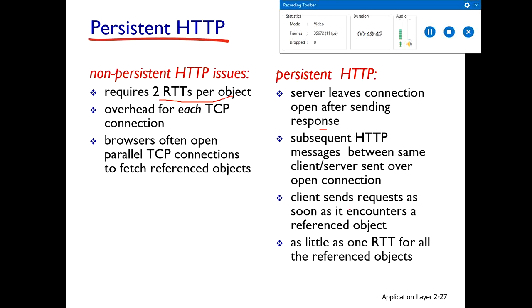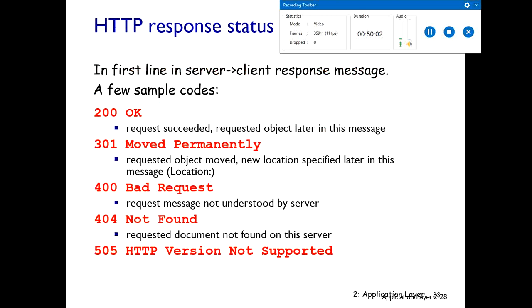So the client sends a request as soon as it encounters a referenced object, and approximately as little as 1 RTT is required for each referenced object. So the basic difference lies in the response time. Non-persistent HTTP takes longer response time as compared to persistent HTTP.